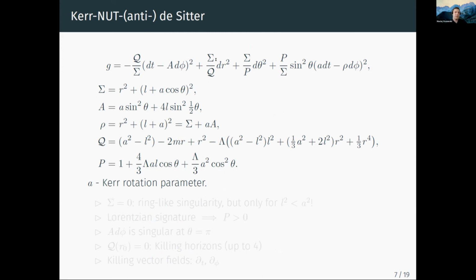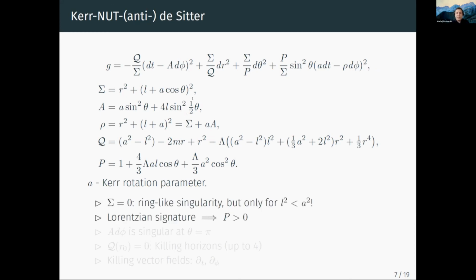The overall form should be familiar because those are like Boyer-Lindquist coordinates, and again, the vanishing of the function sigma gives us a Kerr ring-like singularity. So if r were equal to 0, this would be precisely the term generating this ring singularity.